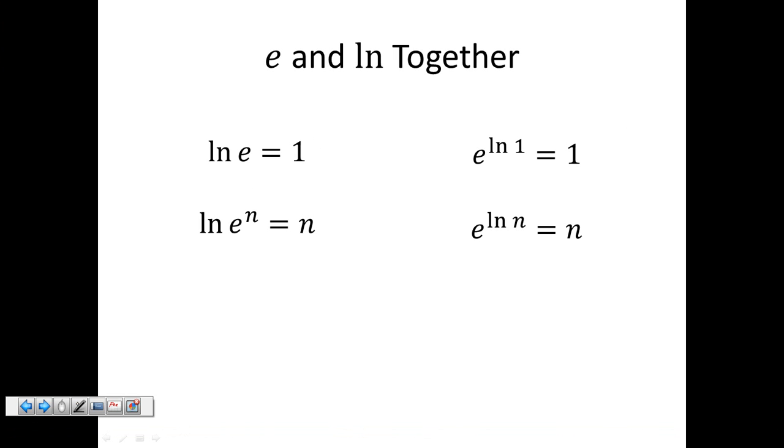If we put a power on that e, basically everything cancels but that power. When we see e with the natural log in the power, like we do over on the right, e to the natural log of 1, the e and the natural log cancel, it just equals 1. Or when we see a variable in there, or anything other than 1, the e and the natural log totally cancel each other out, and we're just left with that n.